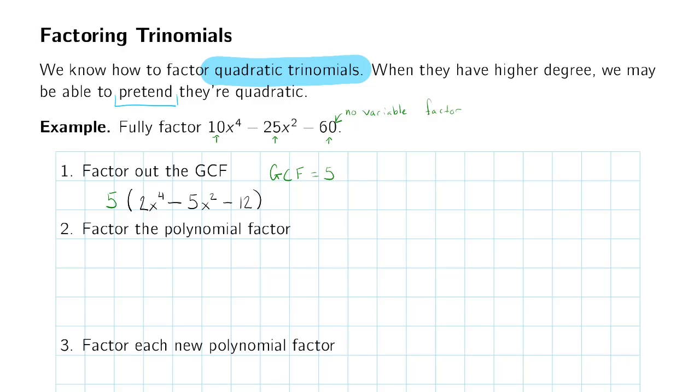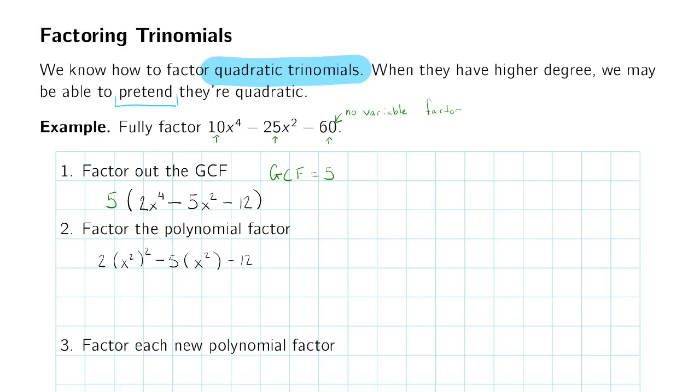And now we have our greatest common factor factored out. What remains is to factor 2x to the 4th minus 5x squared minus 12. We're going to notice that that's 2 times x squared squared minus 5 times x squared minus 12.